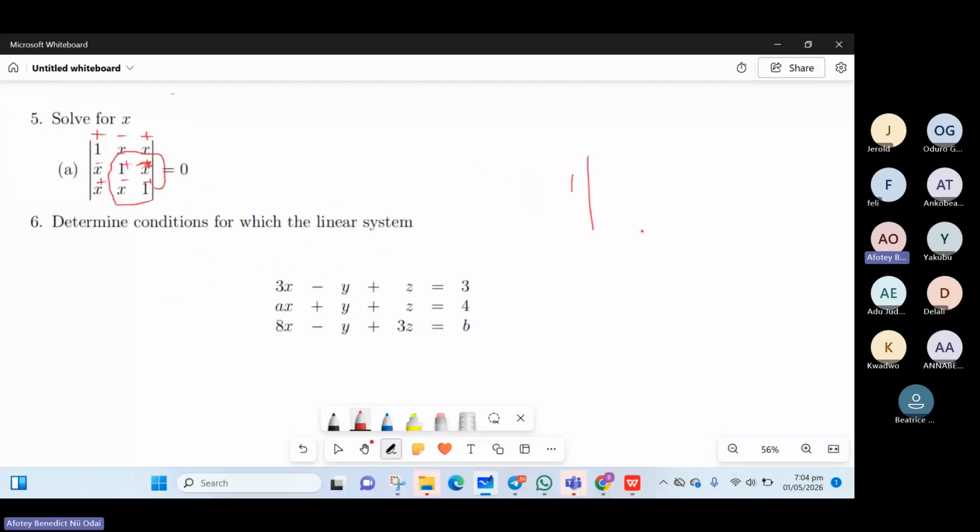So we've taken one, we are using this row, we've taken one out. We take out the inner matrix that is present. So this matrix is 1 x, x 1.